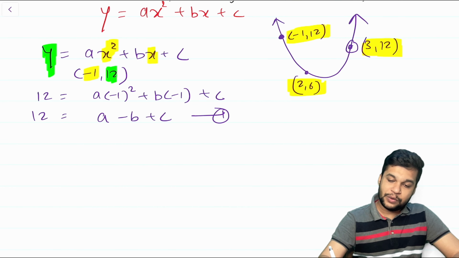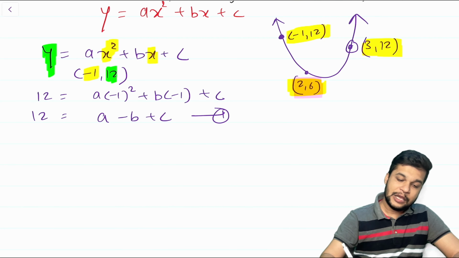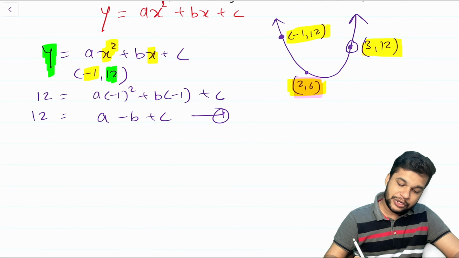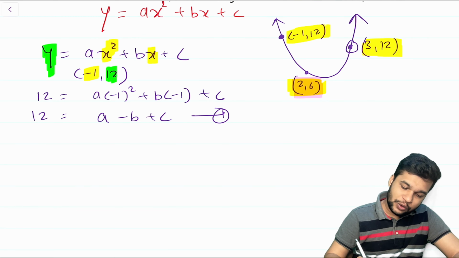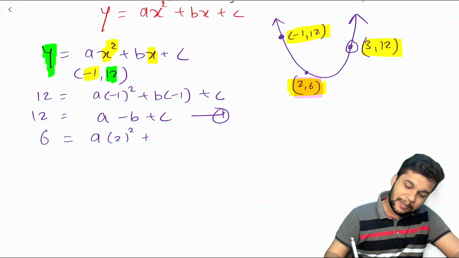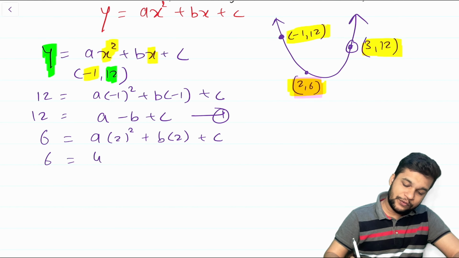Now let us substitute the point (2, 6). What will be the equation? The equation will be 6 equals a times 2 squared plus b times 2 plus c. Now let us simplify. So this becomes 6 equals 4a plus 2b plus c.